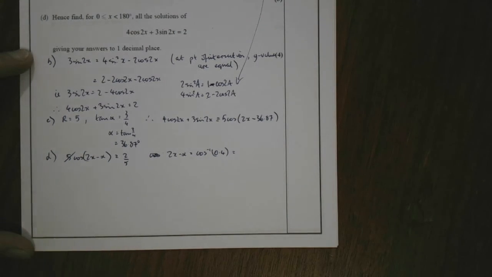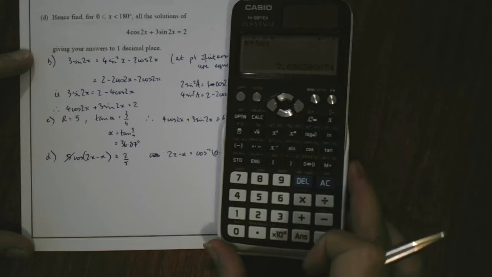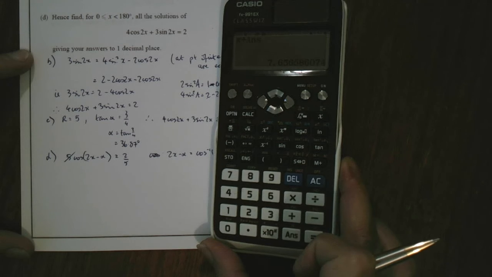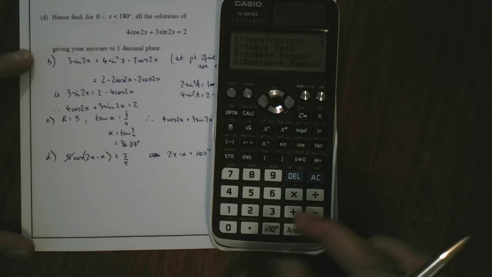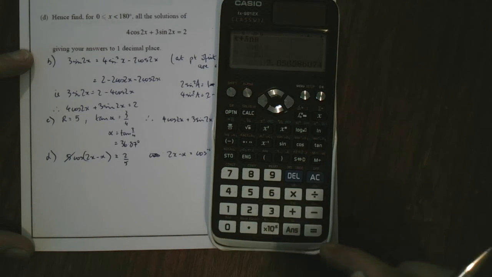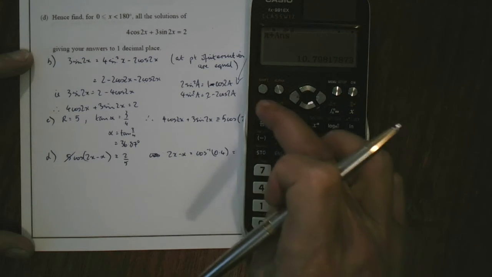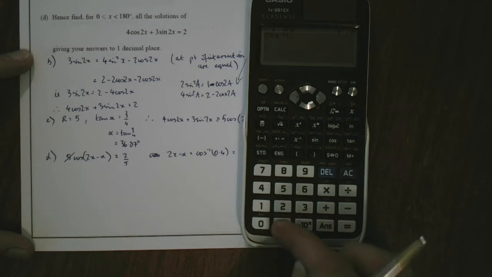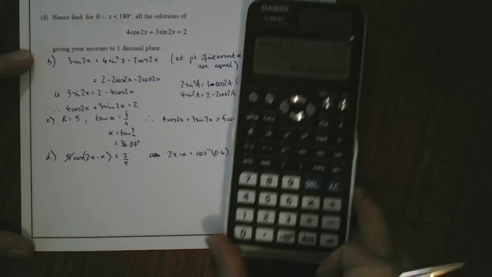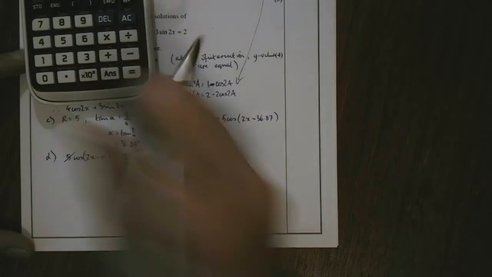So we're in degrees because we did that already. Did we? Shift menu 2-1, and we want shift cos 0.4, and that's obviously in degrees, 66.42.